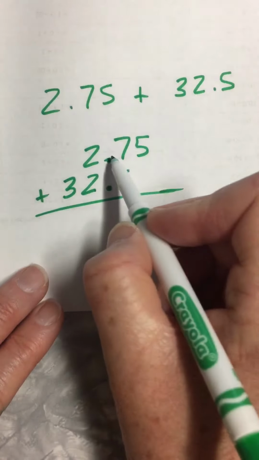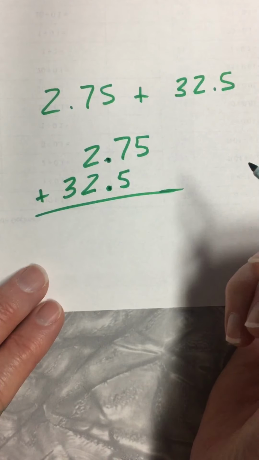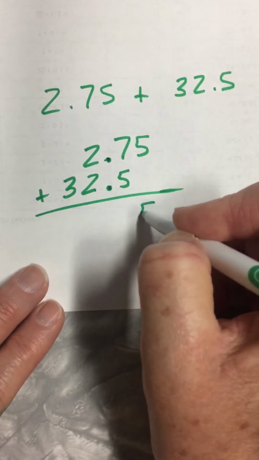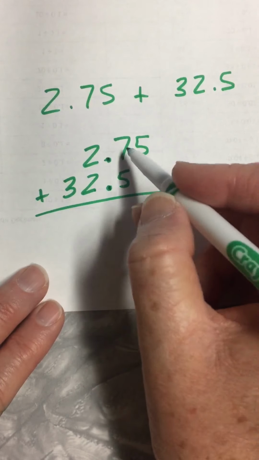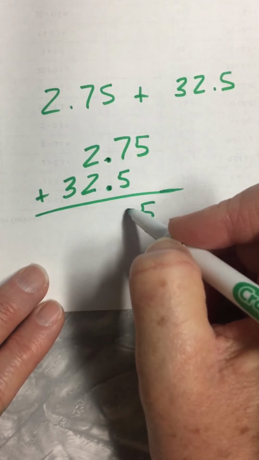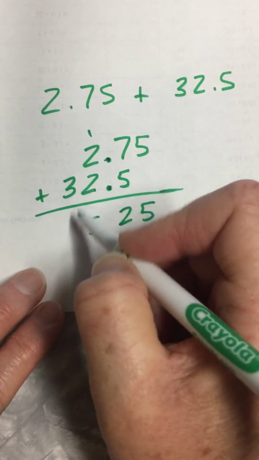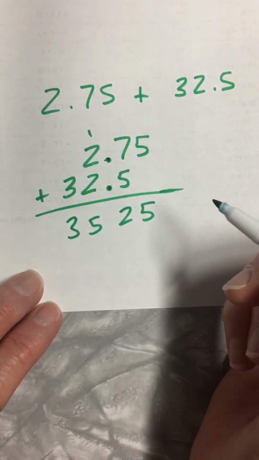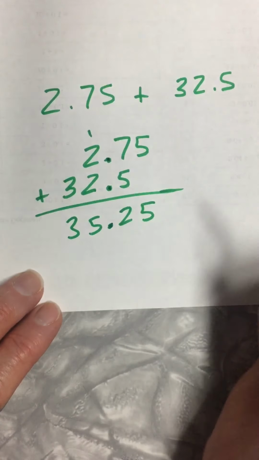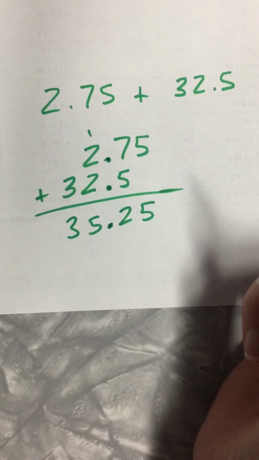When you add and subtract decimals, the decimal point must be lined up. You need to be adding hundredths with hundredths, tenths with tenths, ones with ones, and tens with tens, okay? And you bring the decimal point straight down so everything ends up in the right place.